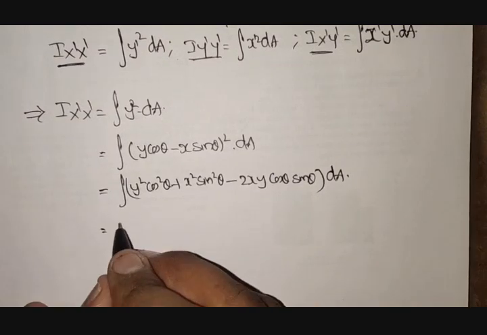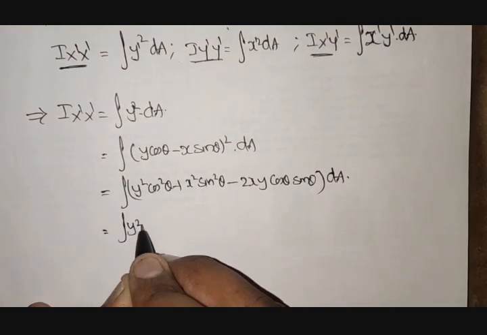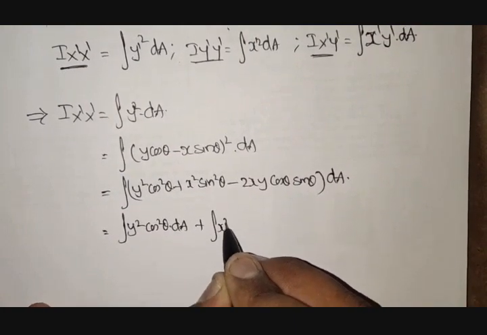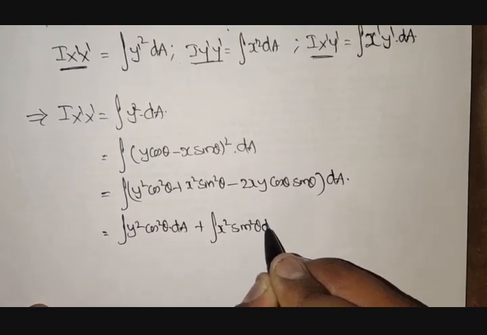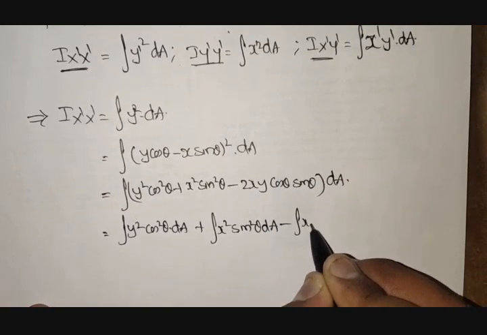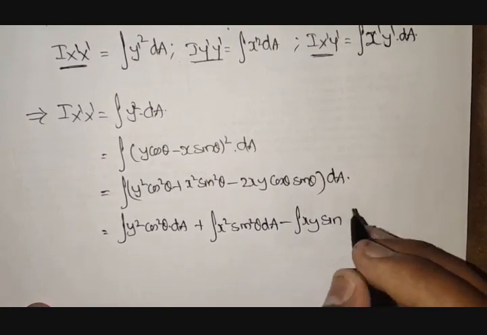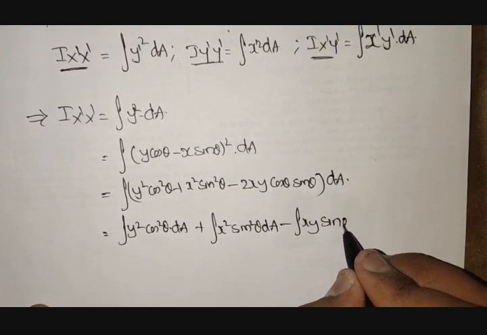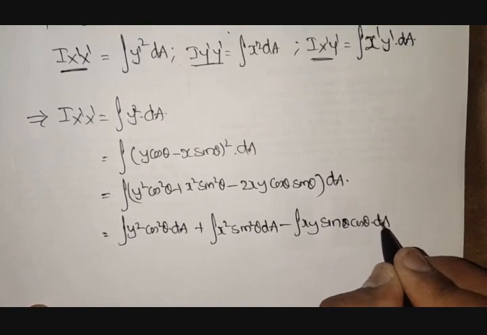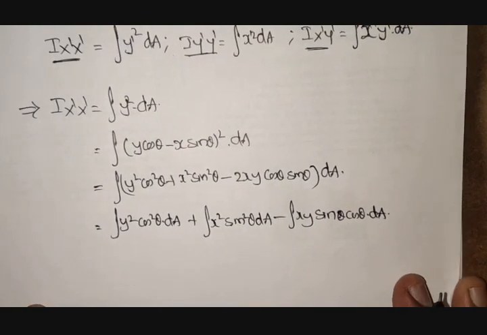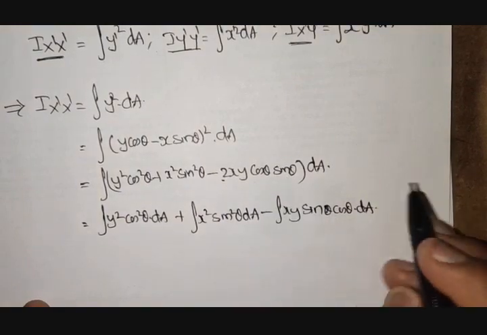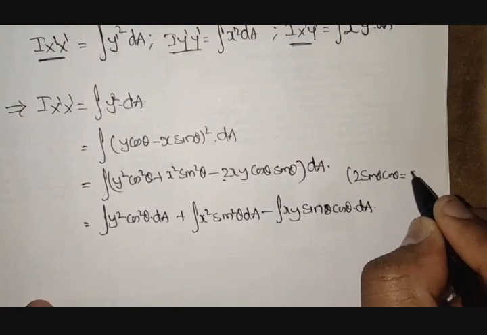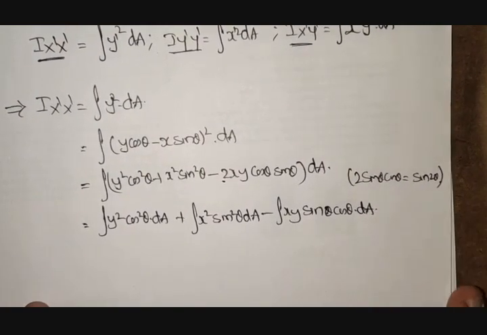If I separate the integration part, then integral y square into cos square theta into dA plus integral x square into sin square theta into dA minus integral xy into sin theta cos theta into dA, with the factor 2. Here 2 sin theta cos theta can be written as sin 2 theta.